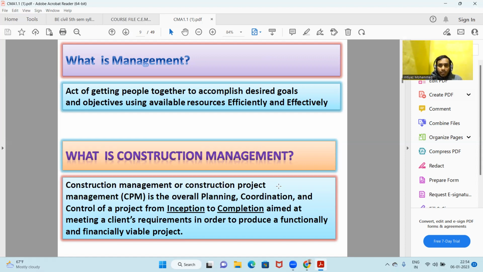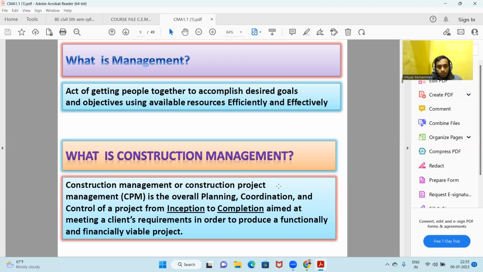Inception means the time when you have actually got the idea of a particular construction work, to completion, that is the commissioning, when the whole structure is completed and delivered to the owner. So here, we have to do the construction work taking into account the client's requirements. We cannot construct it the way we want, right?